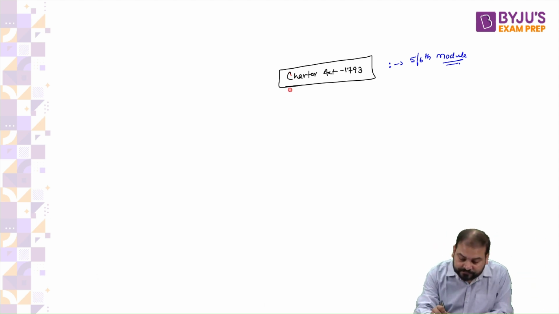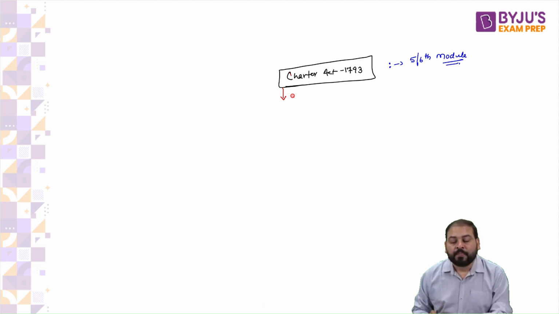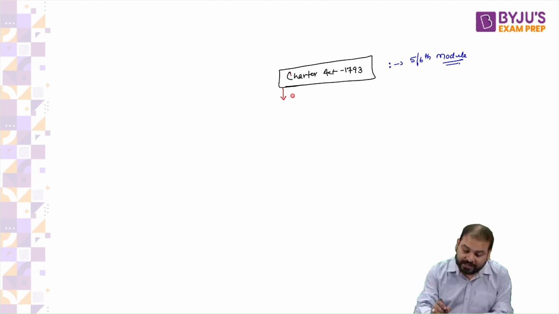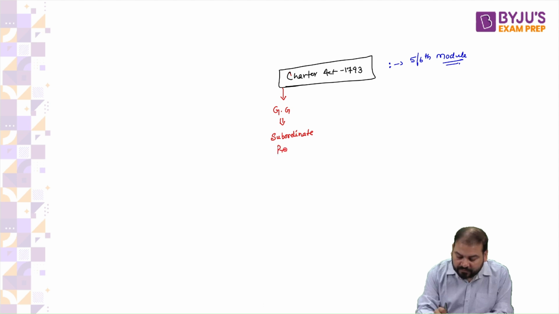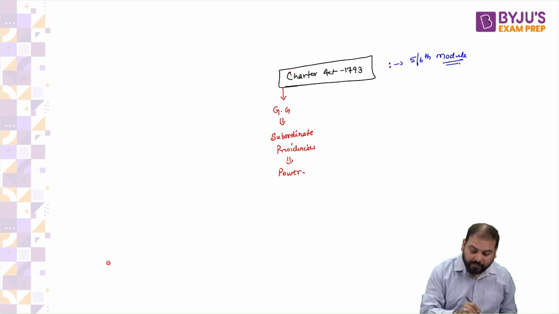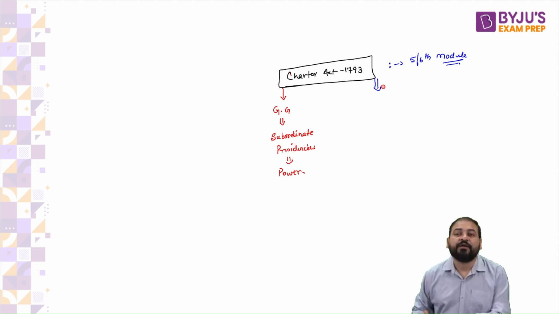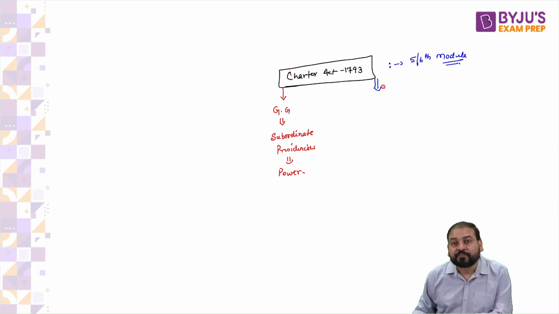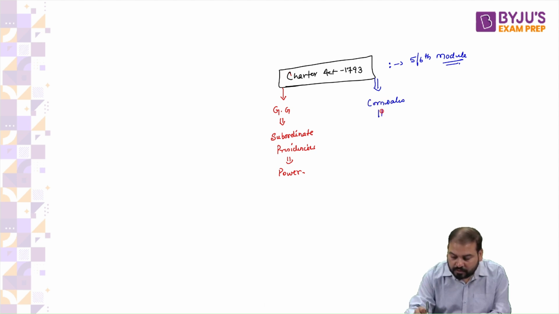So if you see here, the most important thing of this Charter Act was that all Governor Generals were given powers with regards to their subordinate presidencies, like Madras, Bombay, etc. Number 2, what was given to Cornwallis is now extended to other Governor Generals.